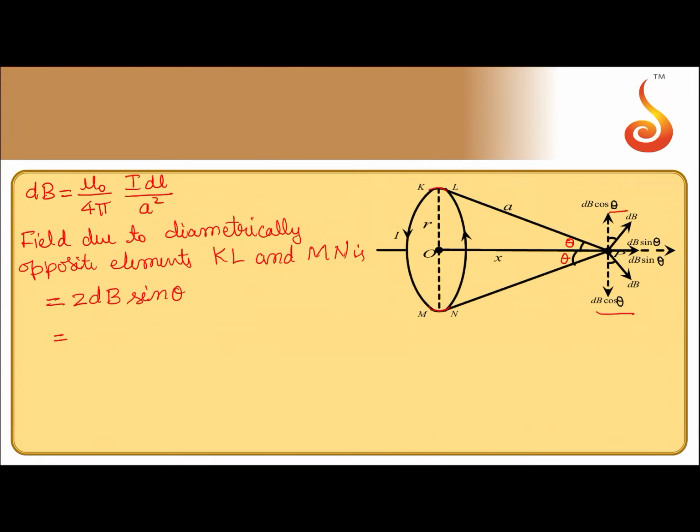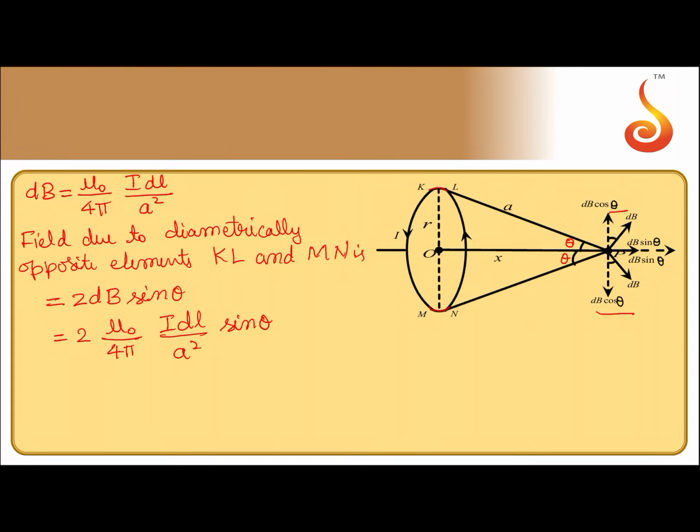Now substitute for dB. dB is mu naught by 4 pi, I dl divided by A square, into sin theta.